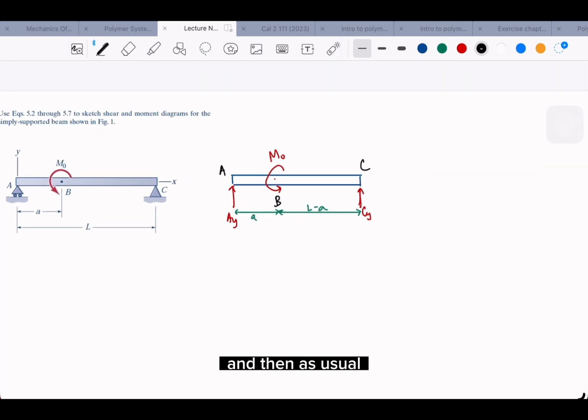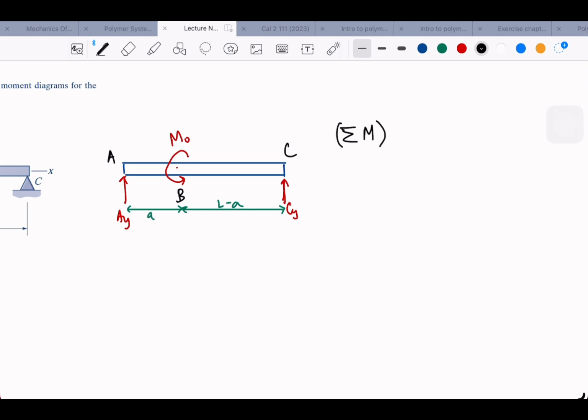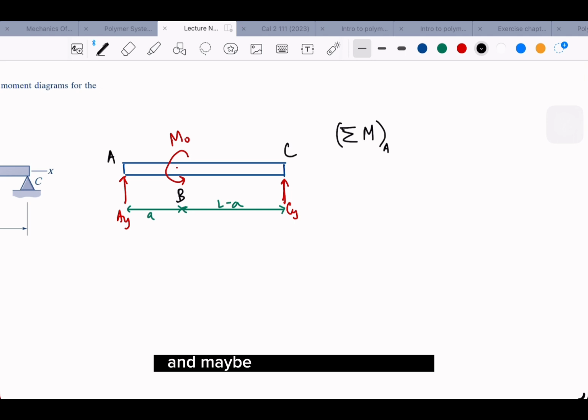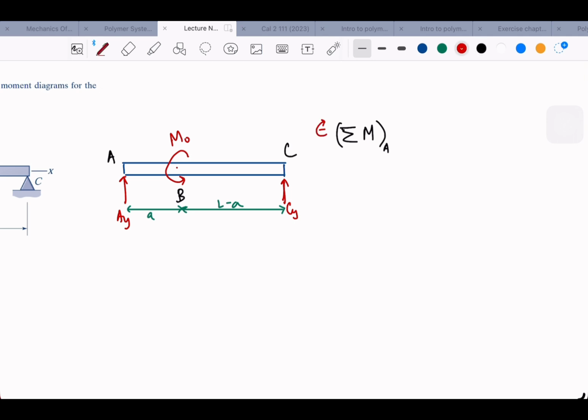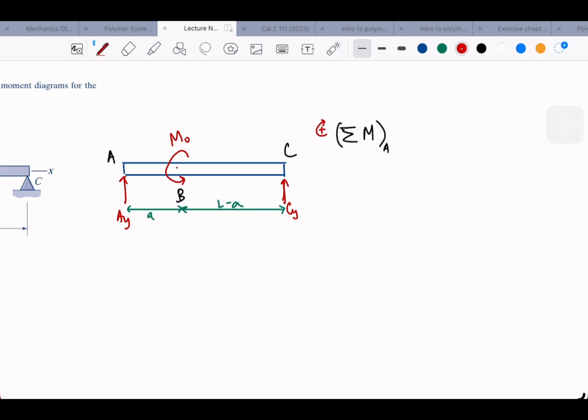And then as usual, we can start writing here, taking the sigma moment from the perspective of A, making sure that we take clockwise as positive.